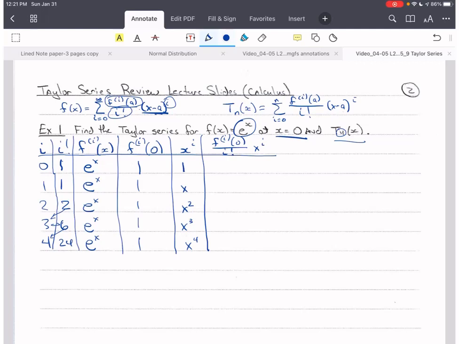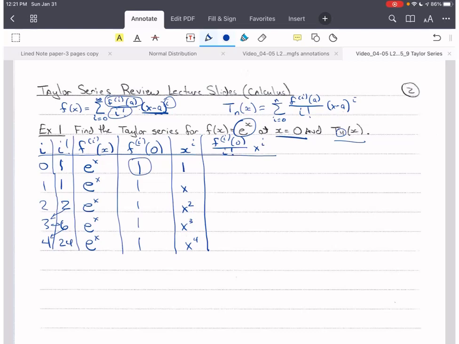Okay? And now I want my Taylor series term for each of the terms in the summation. The derivative is always 1, so I need x to the i over i factorial.